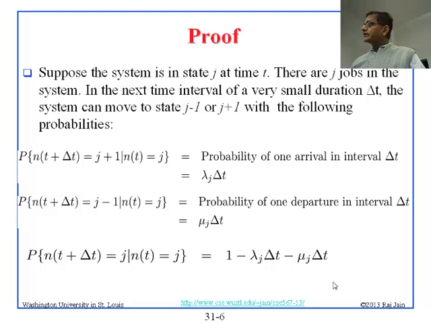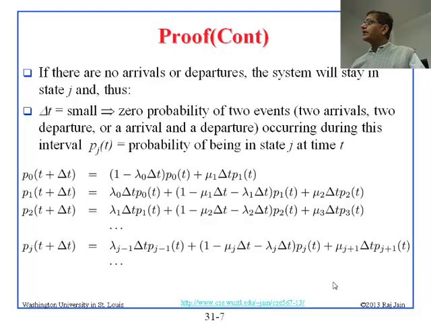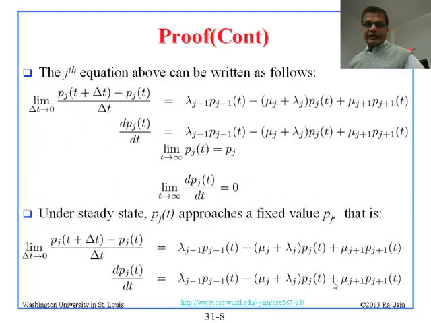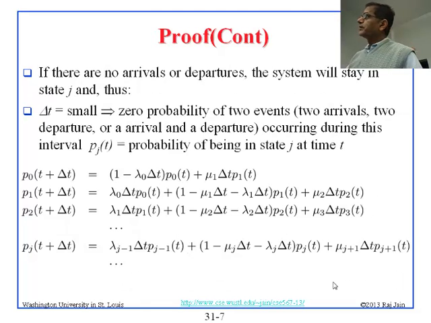So if you write this for all the j's, then you get something like this, where for P0, the probability of being in state 0, state 0 does not have any previous state, so there is no mu here. And then you write down that for P1, for P2, and so on and so forth. And then you can bring the proper terms on this side.